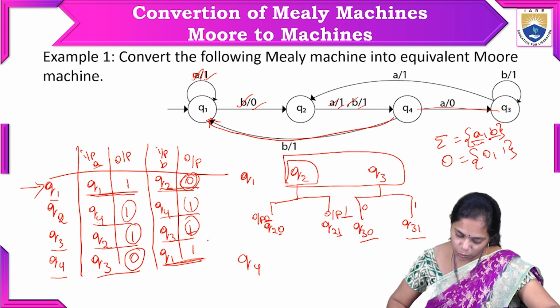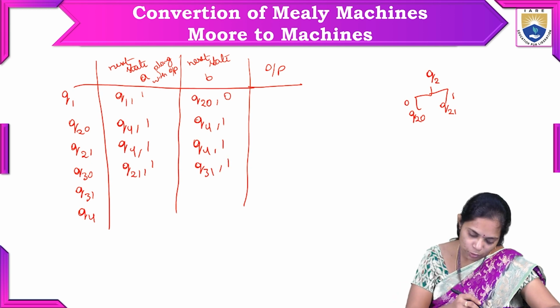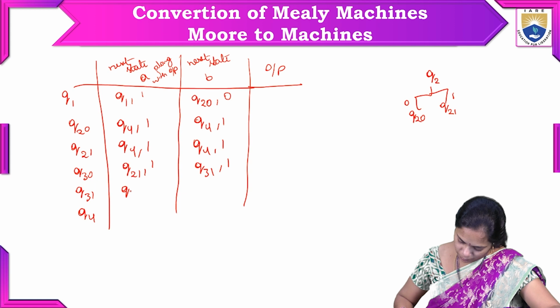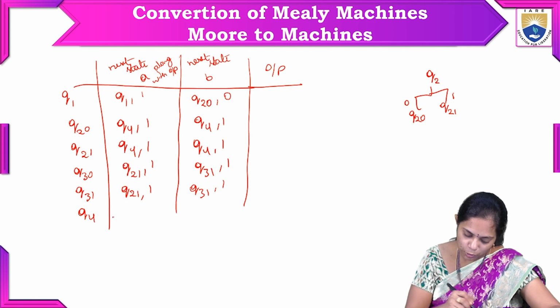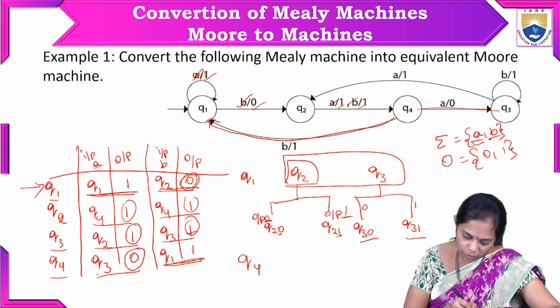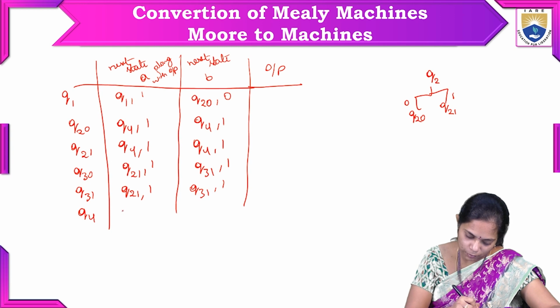So it is Q3 1 with the output 1. From Q3 1 also it is going to Q2 1, 1 and Q3 1, 1. From Q4, Q3 0 and Q1 0, Q1 1. Q3 0 with the output 0, Q1 1.